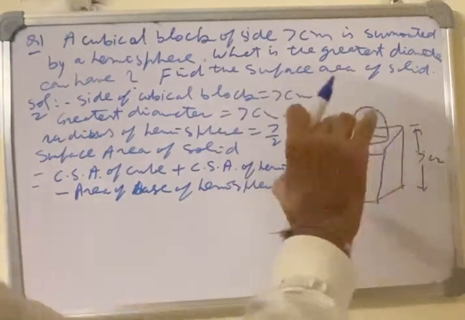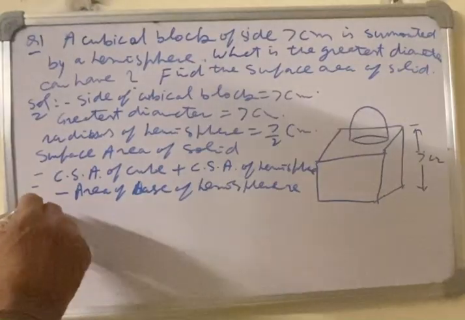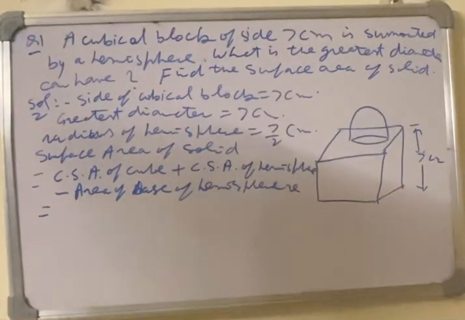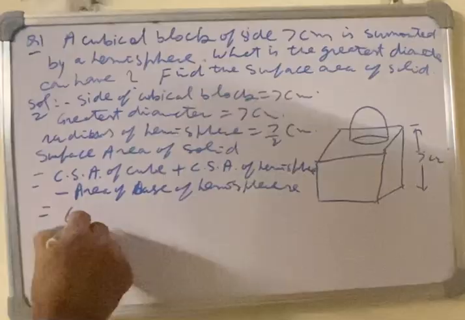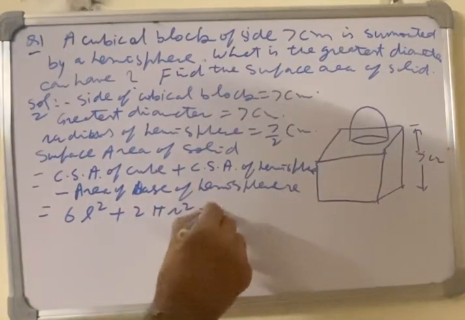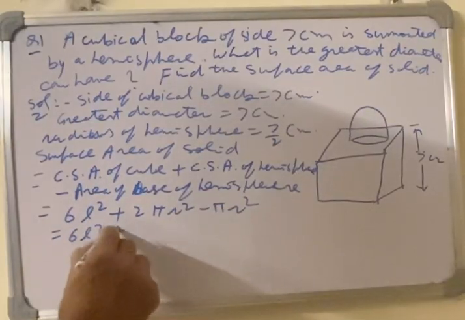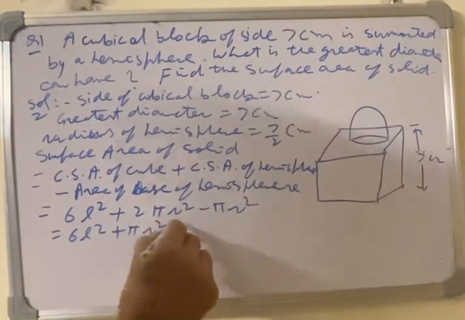So base is attached with the cube. So this is equal to 6L square plus 2 pi r square minus pi r square, which is 6L square plus pi r square.